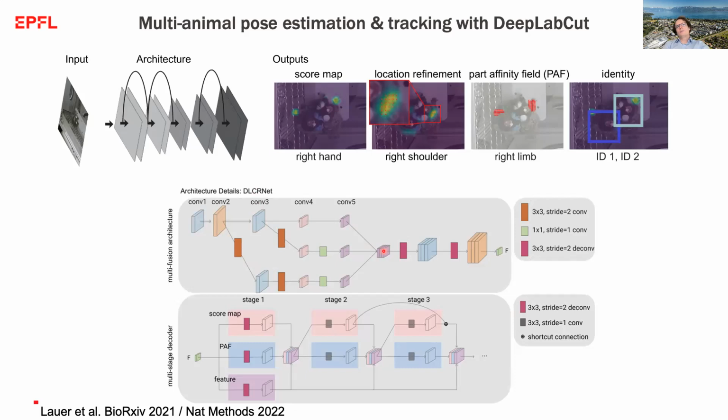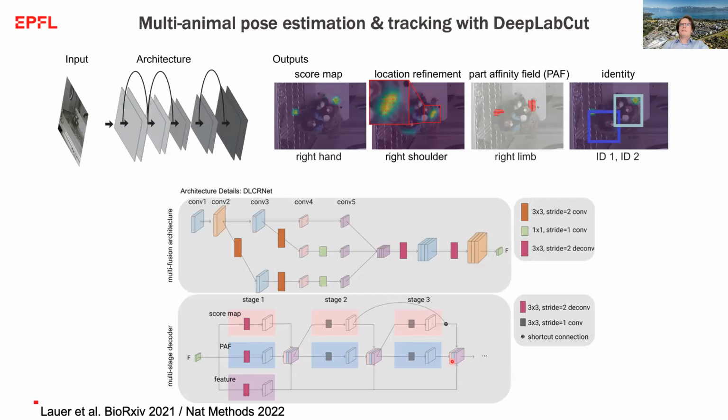And then we also introduced a multi-stage decoder where the output of the backbone is upsampled to predict score maps, part affinity fields, and identity features as indicated here. This is done multiple times in a recursive fashion in order to create a so-called multi-stage decoder. So that is the basic network architecture of DeepLabCut.